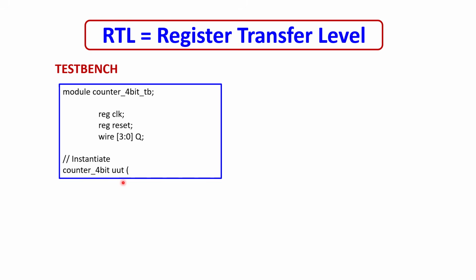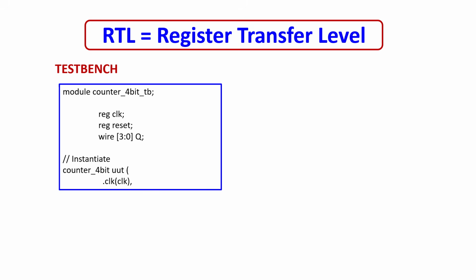And then opening the bracket. After opening the bracket, now we are connecting the Testbench to the counter. So this is our Testbench clock and this is the module port clock.